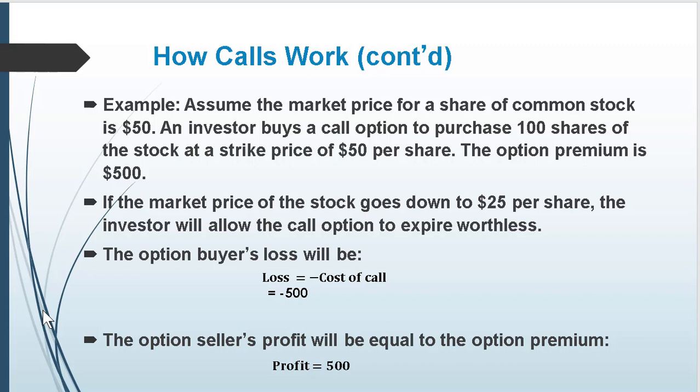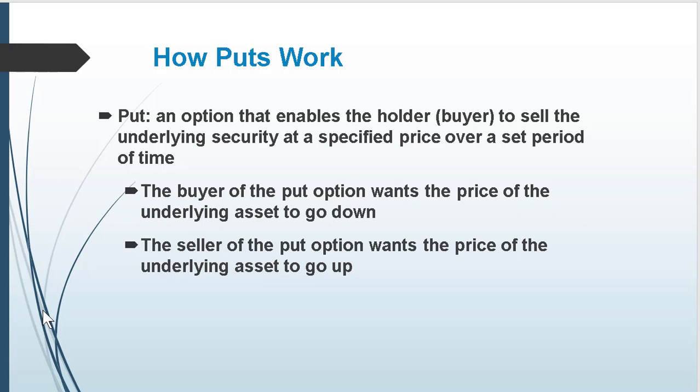So you would not exercise the option, but you did pay $500. The option seller, the person that wrote this option, that made the bet with you, if you will, they would make $500.